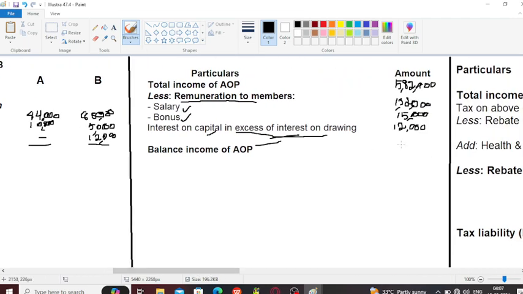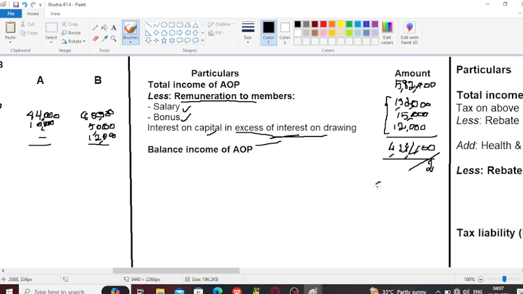And the balance income of AOP: if you subtract these expenses, that is benefits to members, from 5,82,400, you will get 4,23,400. Since members have an equal share, we have to divide it by 2.